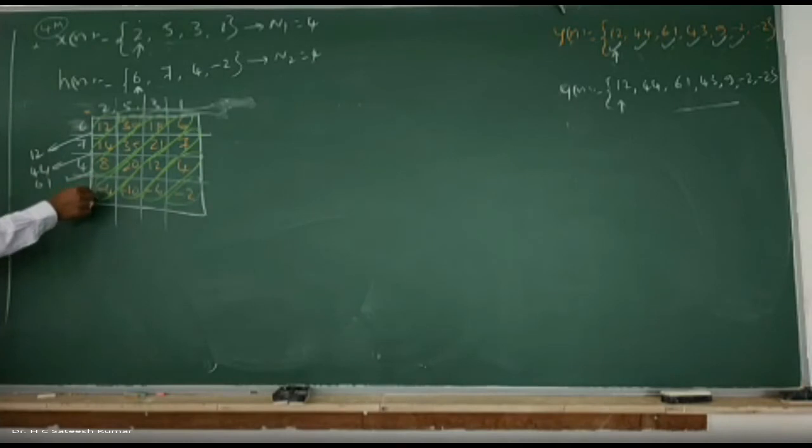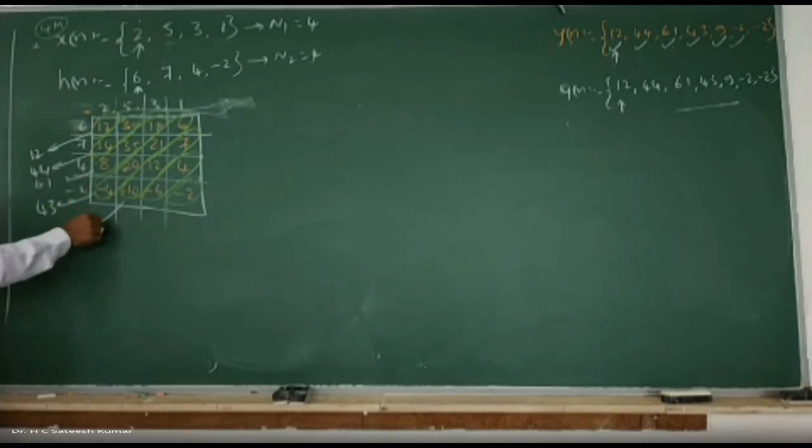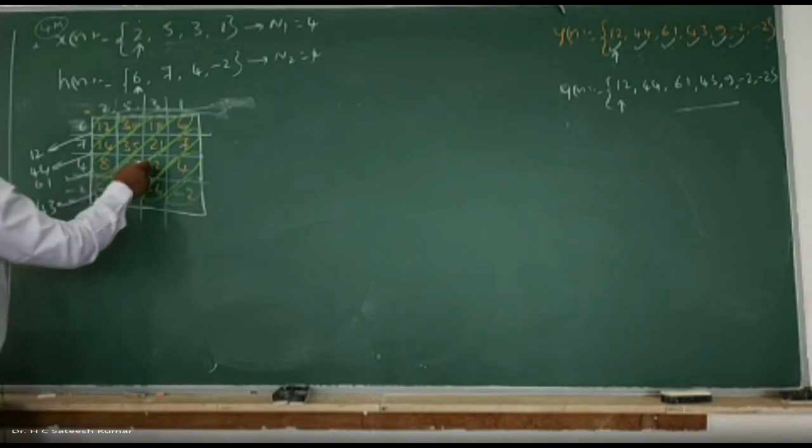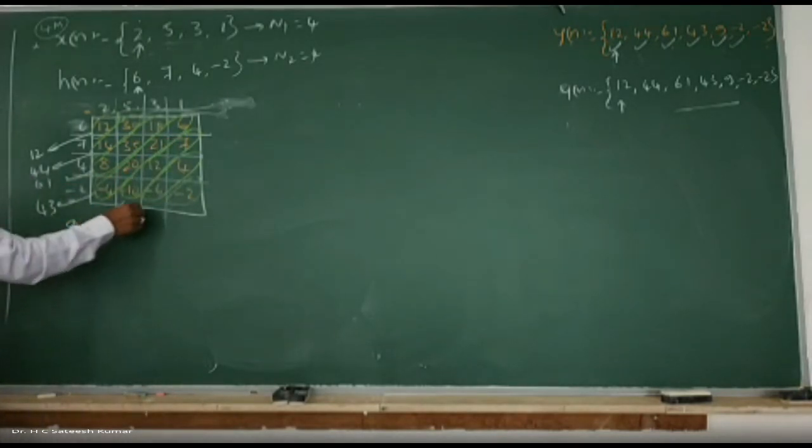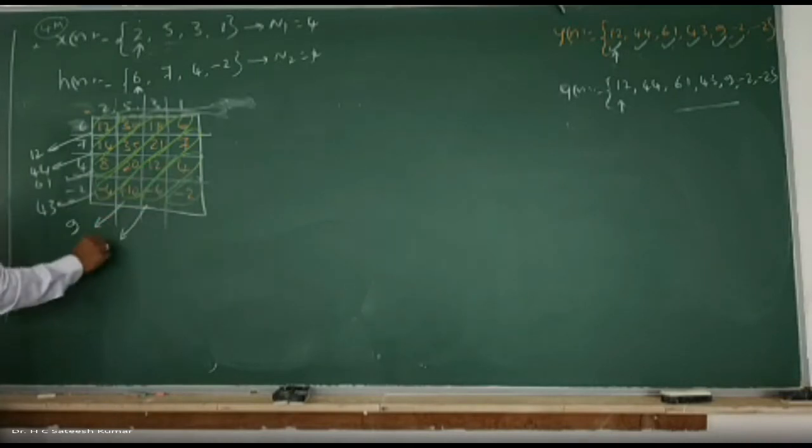And add them, this one you add them. What will you get? So 6 minus 4 is 2 plus 20, 22. 22 plus 21, 43. Add this one. What will you get? So 12 minus 10 is 2. 2 plus 7 is 9. And this one is what? Minus 4 plus 2 is minus 2.